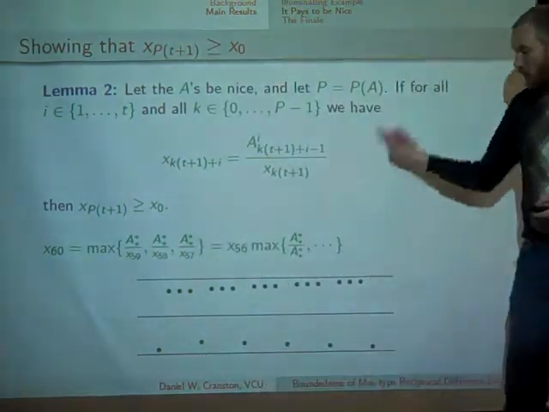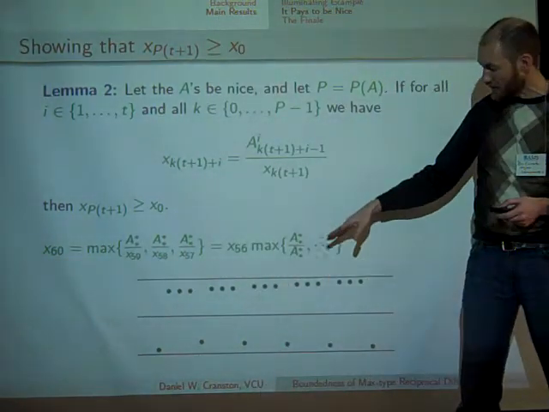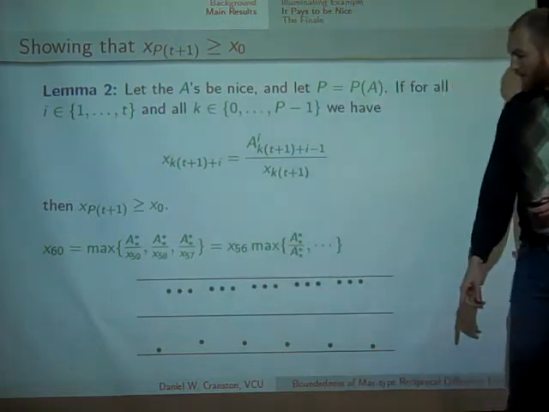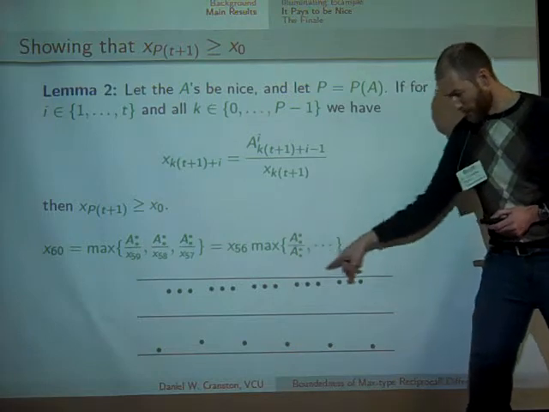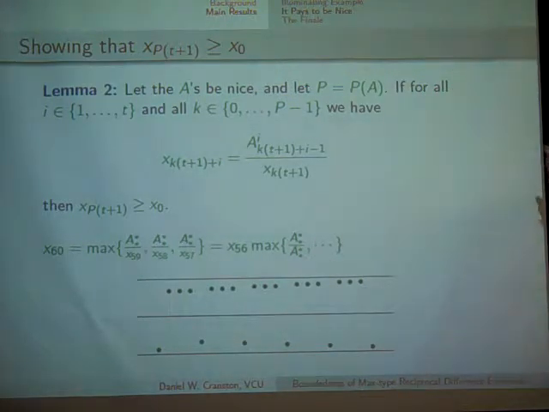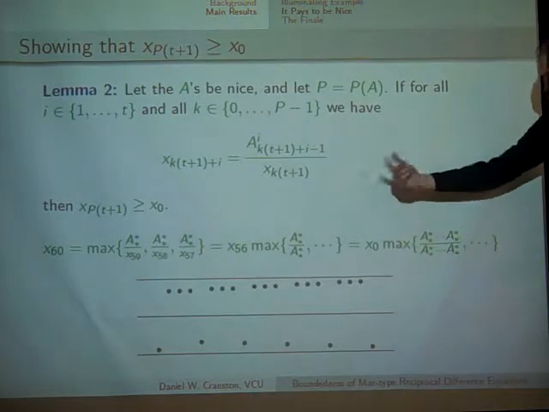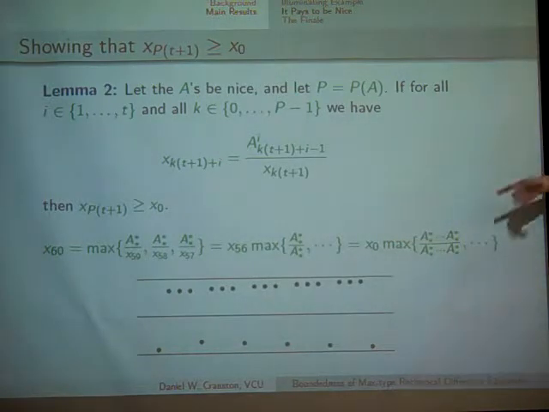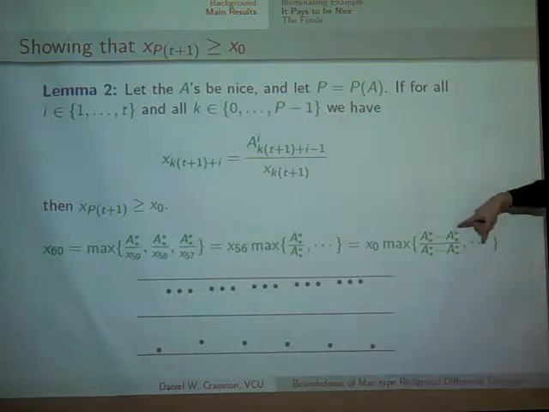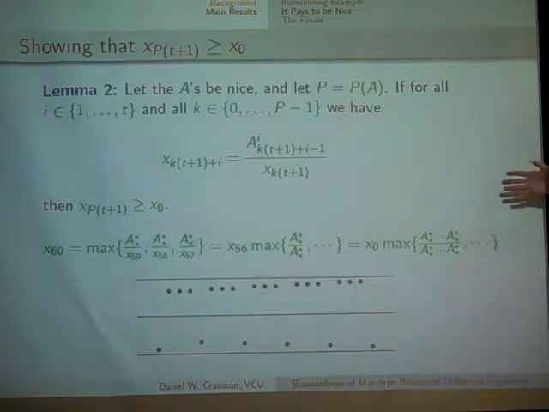When you do that, you get x56 in the denominator of the denominator, which pulls out to be in the numerator, and then you have the max over just some ratios of coefficients. Then you can unroll that again, and keep unrolling it and get all the way down to x0 times some max of some stuff. And what we need to show is that the max of this stuff is greater than or equal to 1. Right?